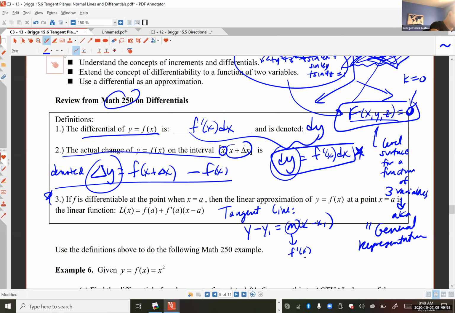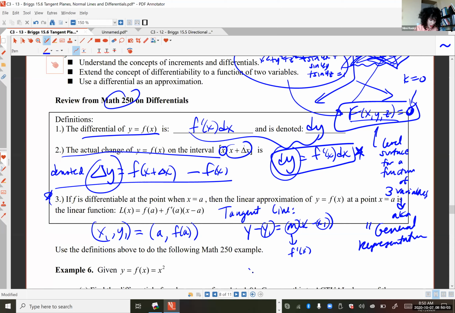Then what we're saying here is that x1, y1, the coordinates of the actual point you're trying to find the tangent line to, they give you some point where x is equal to a, and then the y coordinate of that point on the graph would be f evaluated at a.